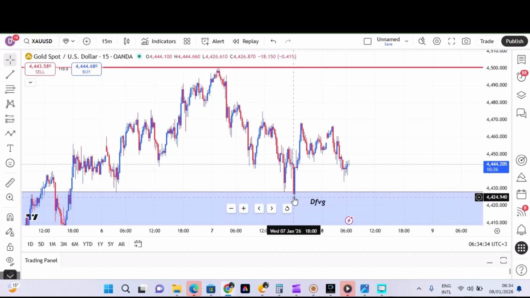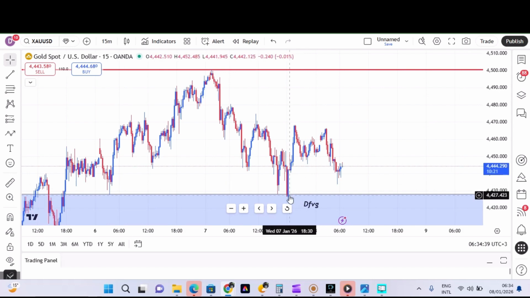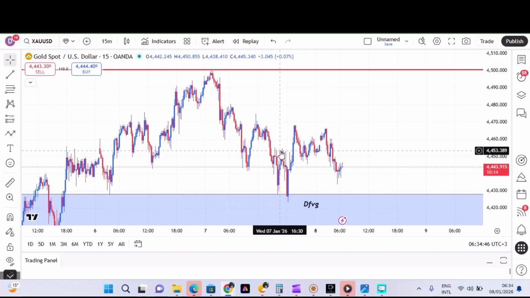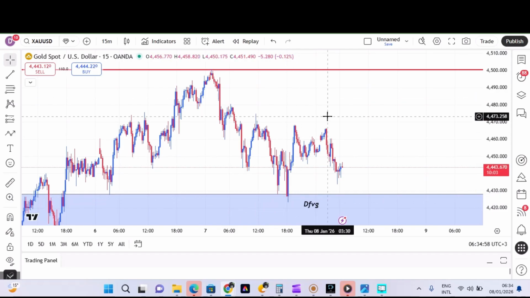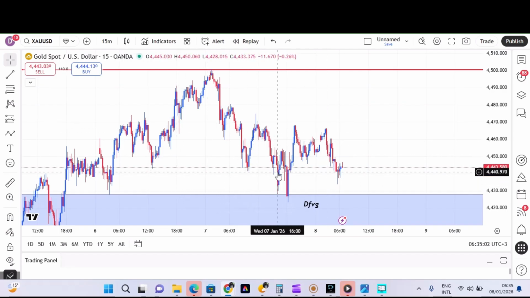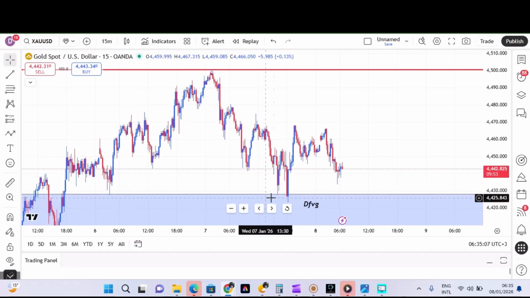What happened again yesterday? The market came again, respected this fair value gap and pushed back up, came back again, swept this liquidity, tapped into the daily fair value gap, and then again pushed back. So if you were buying gold yesterday, this was a good sniper entry, short move.